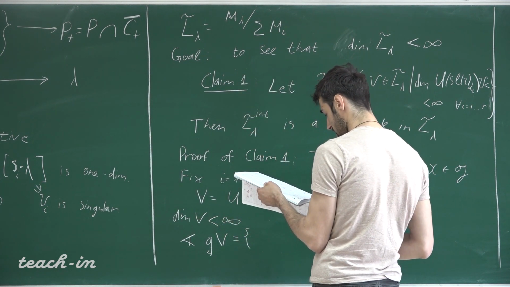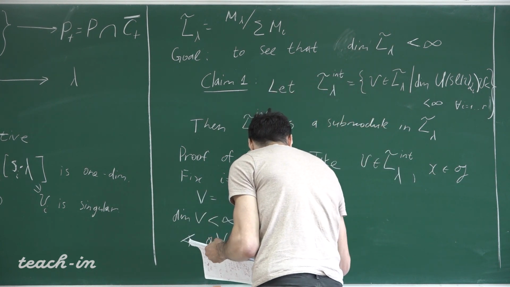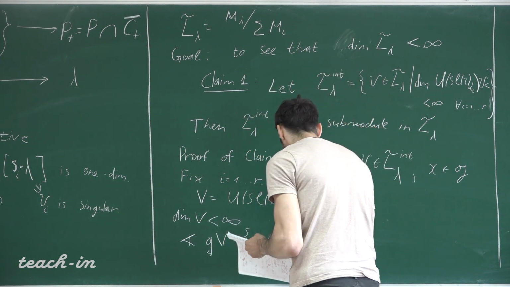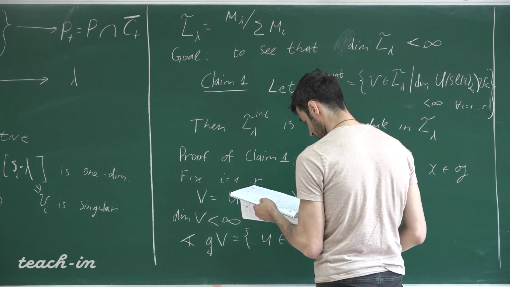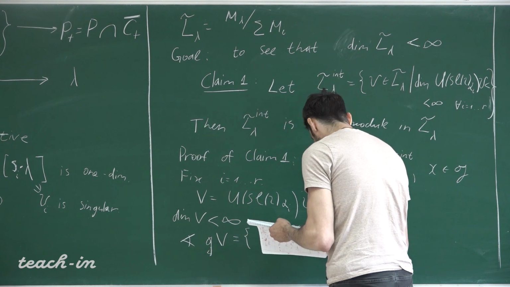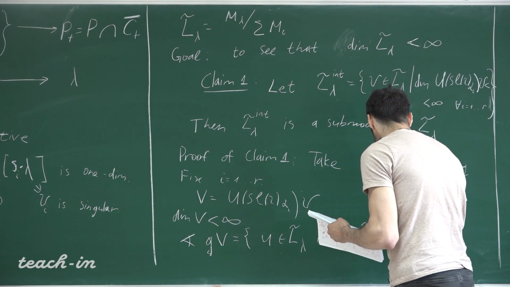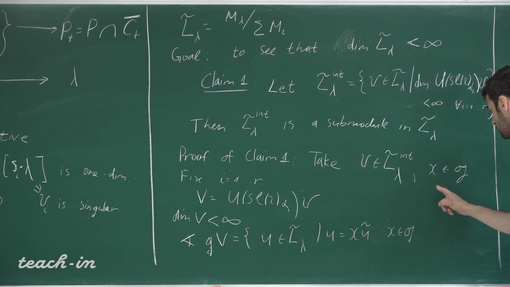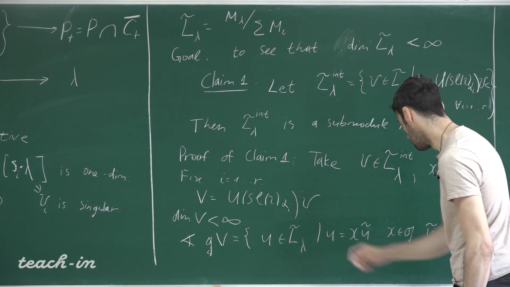It's just all U in L tilde lambda such that U is X applied to some U tilde, where X is from G. I'm stressing, not from U of G, but from G. Okay, that's important here. And U tilde is from V.